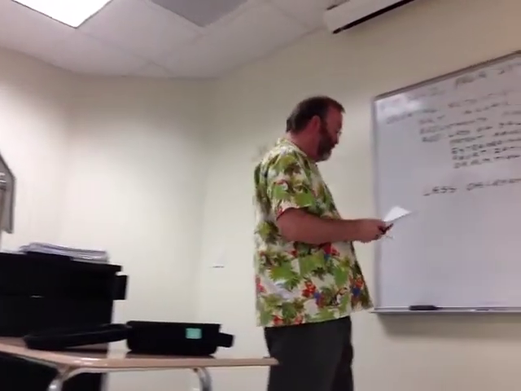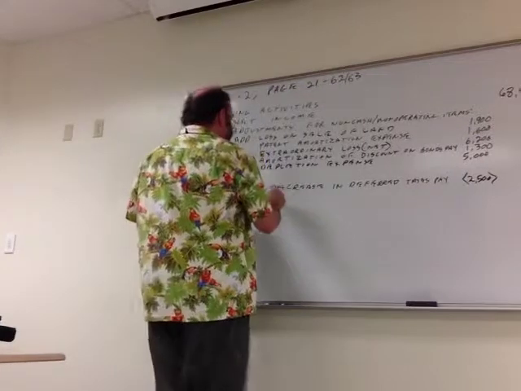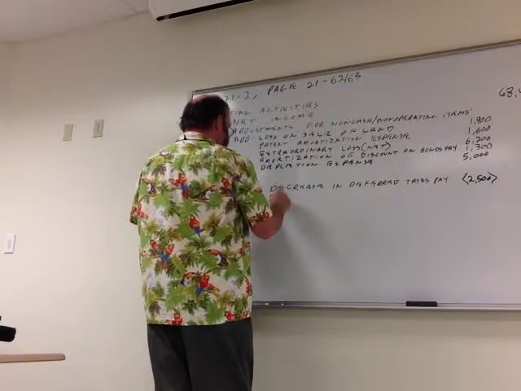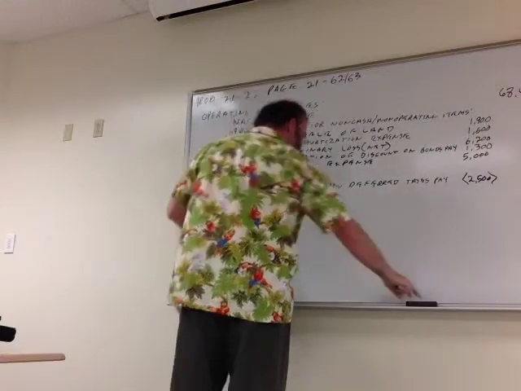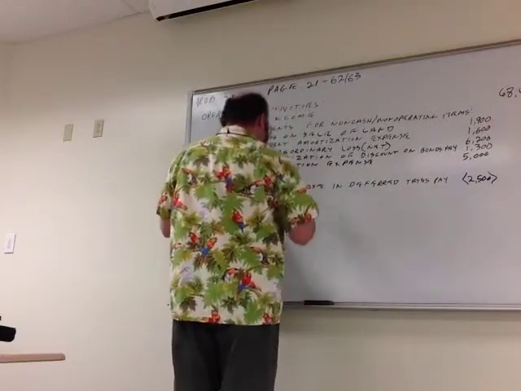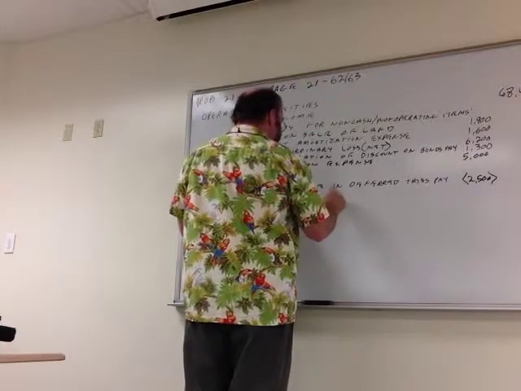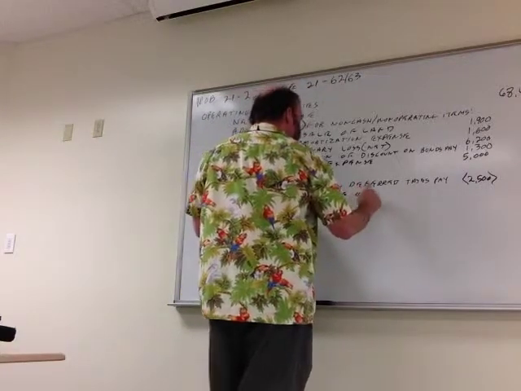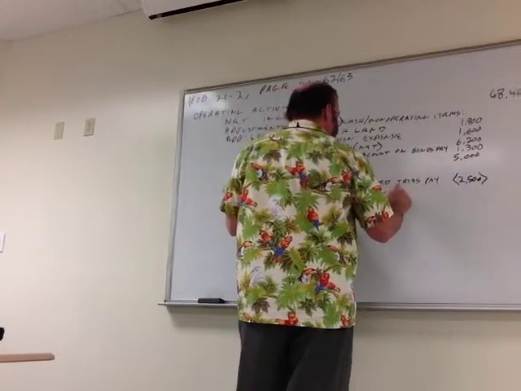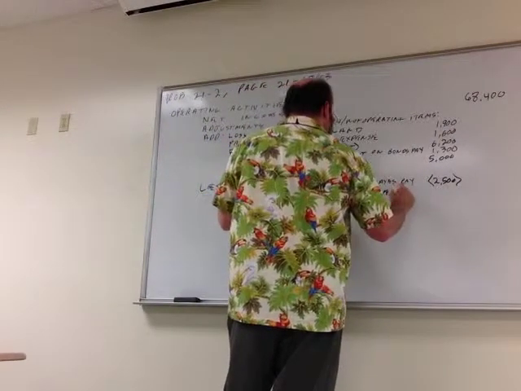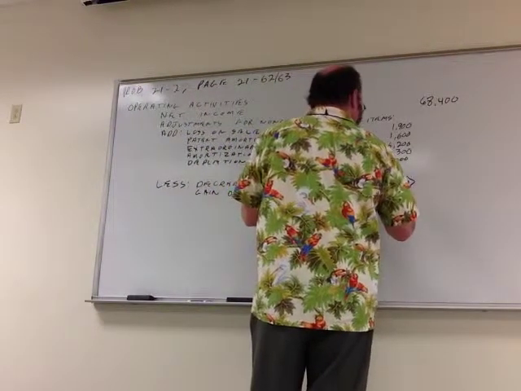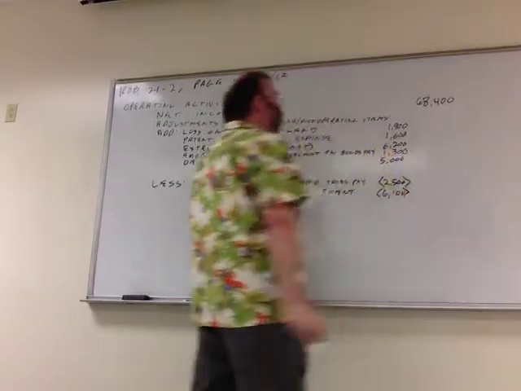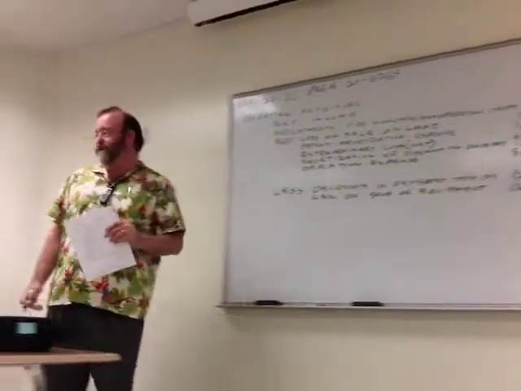Item N is a gain on sale of equipment. So if you have a gain that increases net income, we need to back it out, 6,100, and reduce the cash.